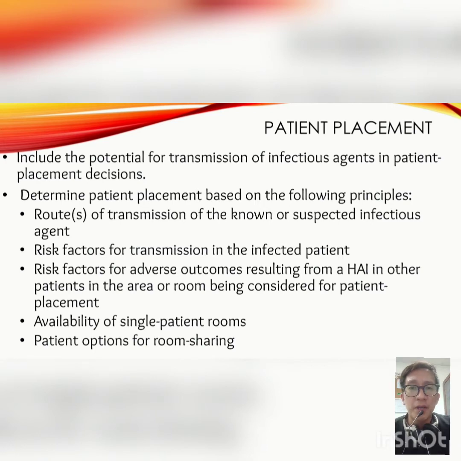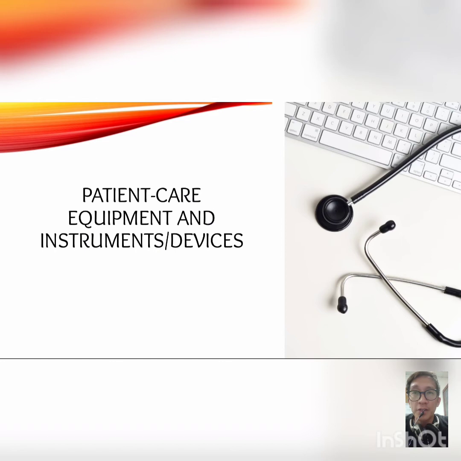We can also cohort patients provided that these patients have the same infectious agent. So we can cohort them as long as there is no other existing disease or infectious agent that the other patient is having.